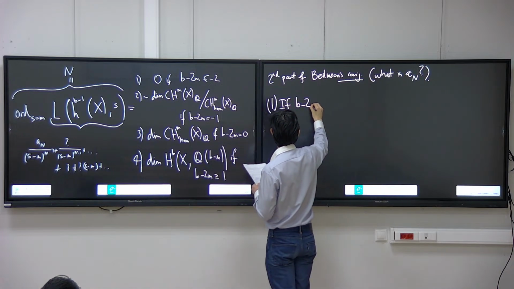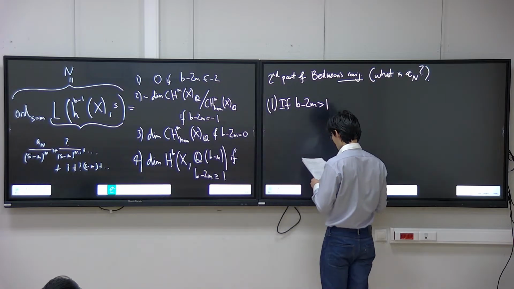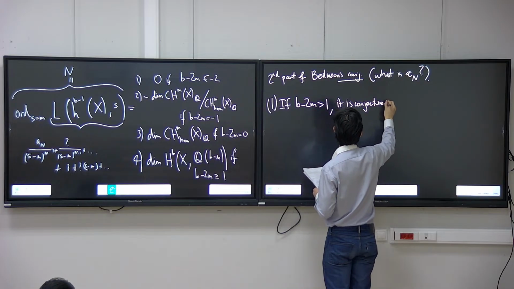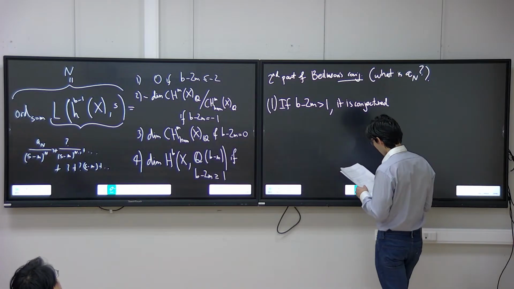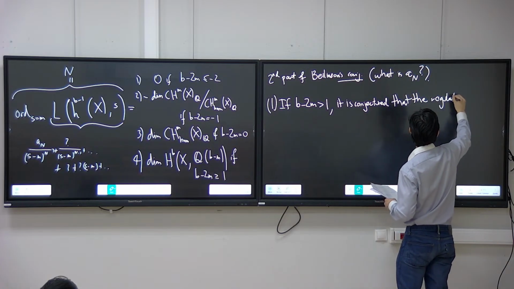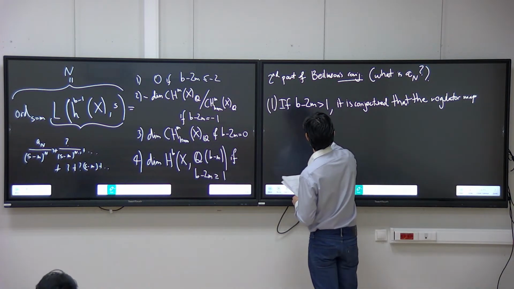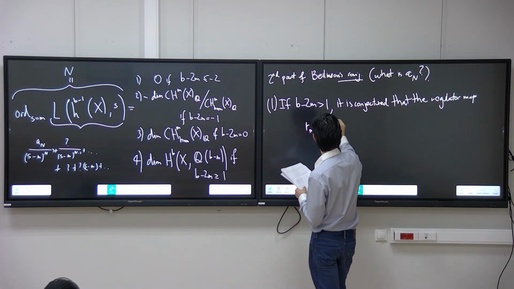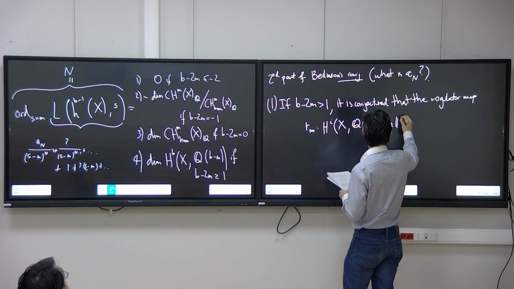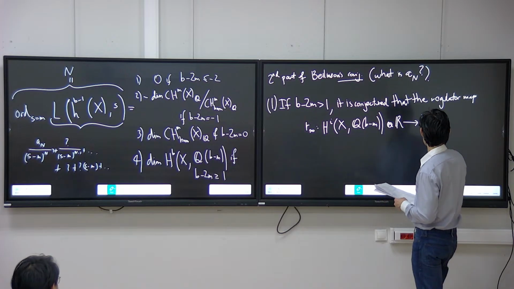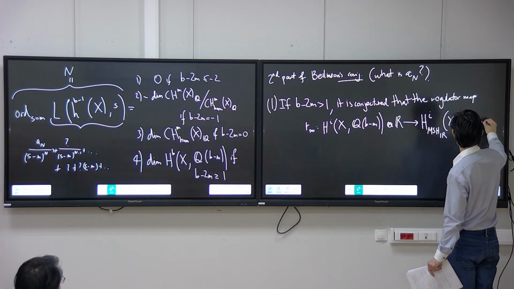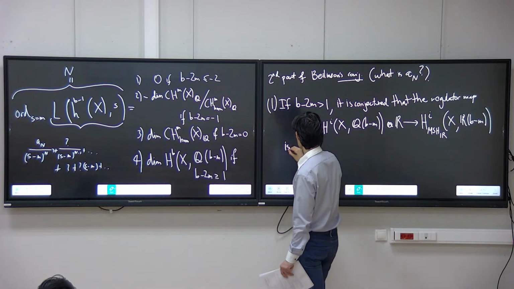If b-2m is greater than 1, then it is conjectured, and here there will be conjectures within conjectures, it is conjectured that the regulator map R_infinity of H^i(X, Q(b-m)) tensor with R to H^i of the mixed Hodge structure of X, R(b-m), it's conjectured that this map R_infinity is an isomorphism.